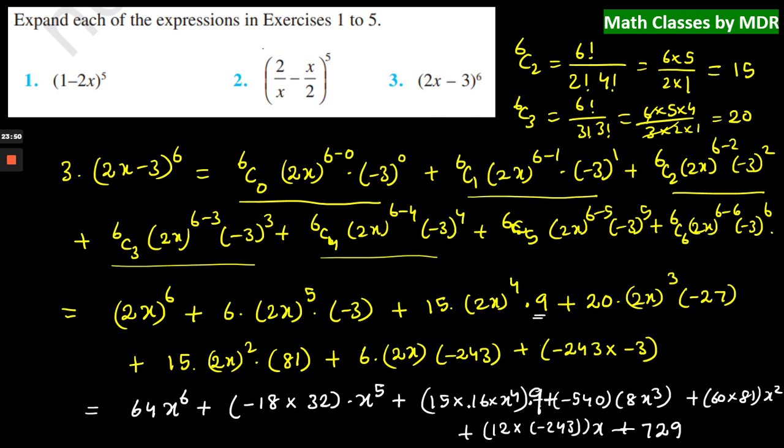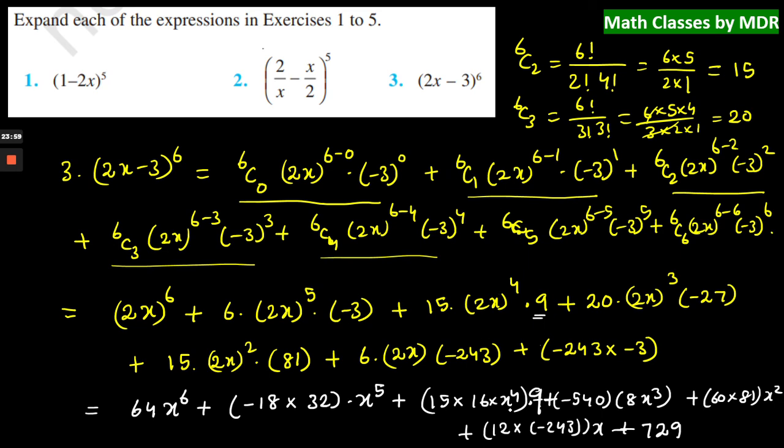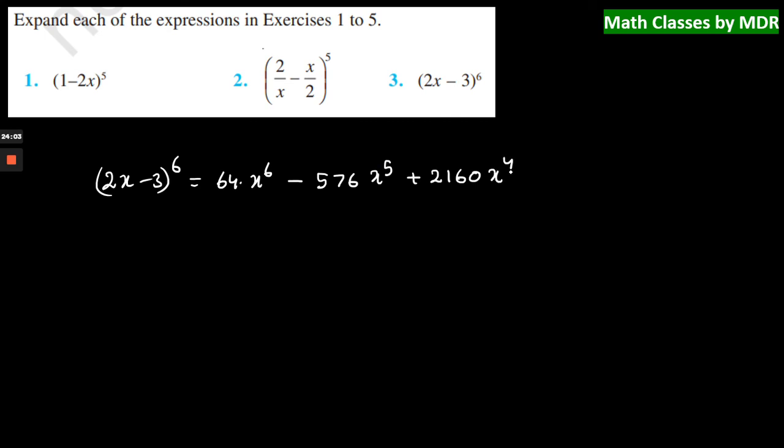So 240 into 9 will be 2160, right? So 9 twos are 18, 9 fours are 36, 2160 x to the power 4, right?